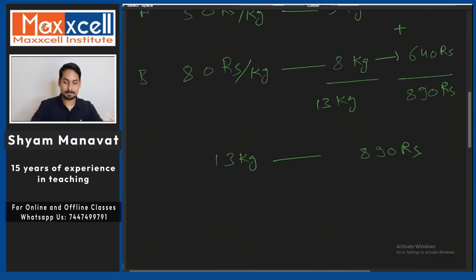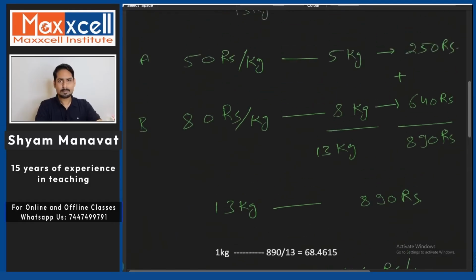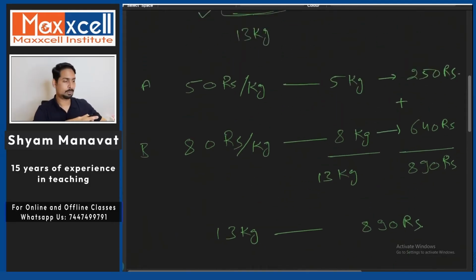So what will be the price of 1 kg here? 1 kg should be equal to 890 divided by 13, which gets you approximately 68.46 rupees per kg. Simple, right? This is very straightforward. No complications, no questions in that. Correct?